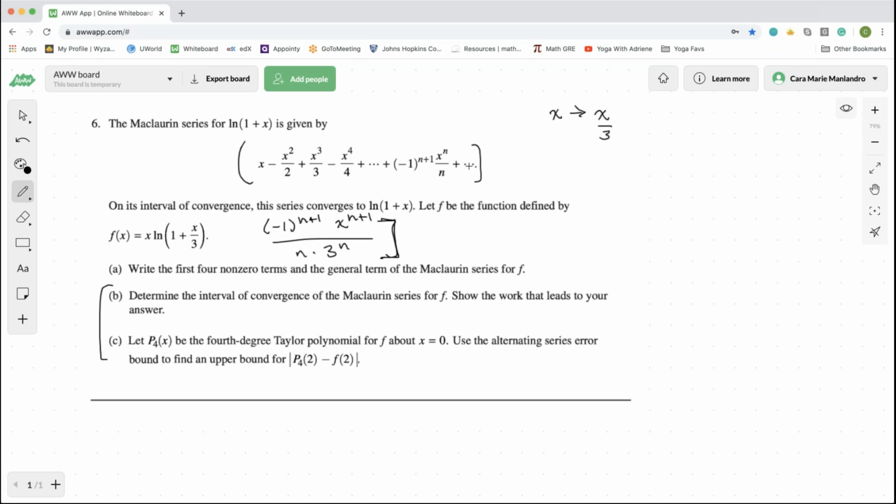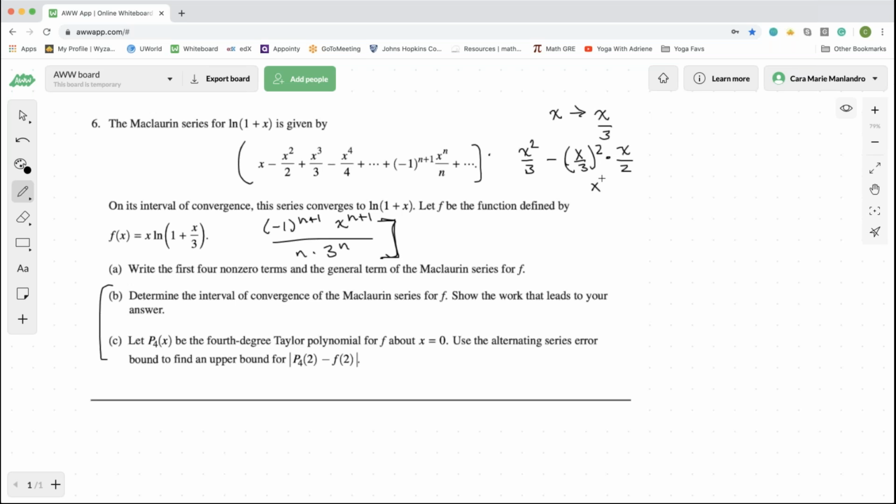Let me show you the first couple of terms so you can see. We plugged in x over 3, and then we multiplied by x, so you get x squared. Minus, and then I'm plugging in x over 3 for x squared, so I get x over 3 squared times another x, but I have the 2 that I'm dividing by.